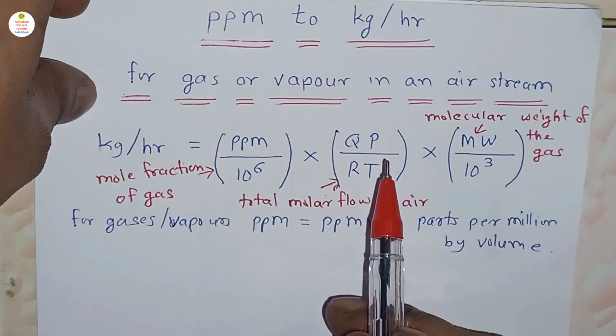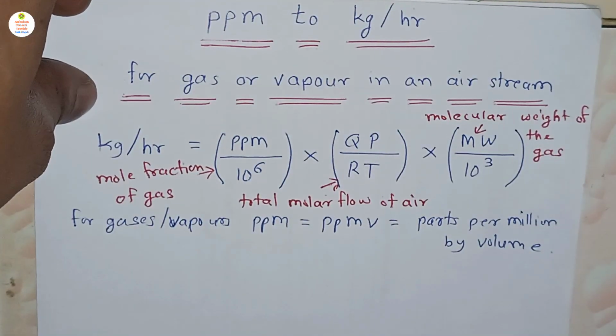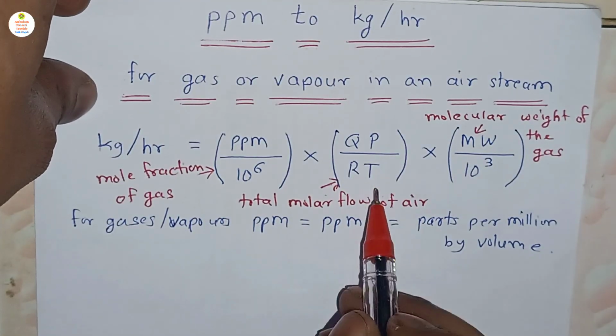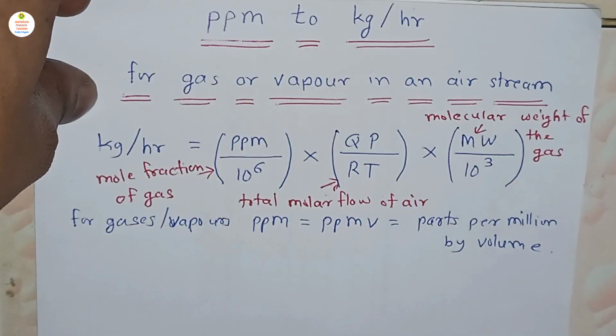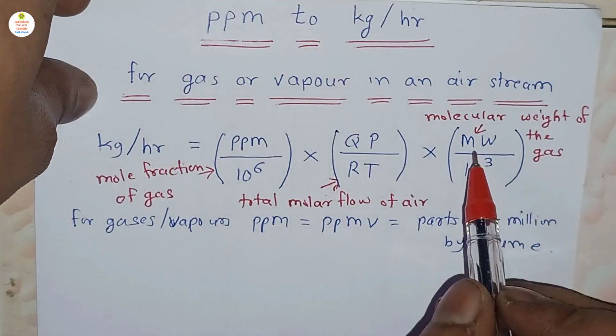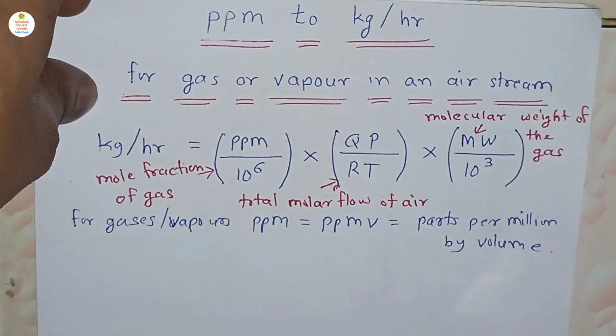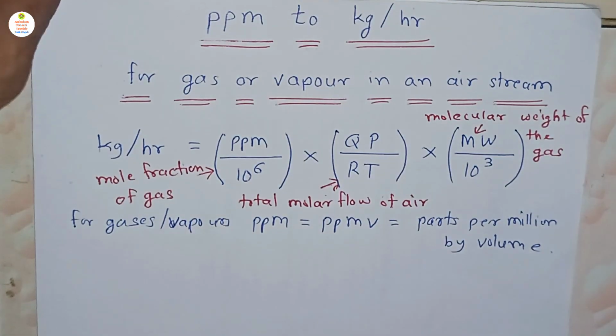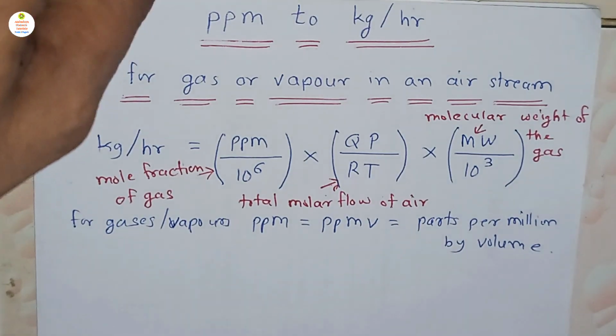Okay, this pressure is in Pascal, or you can call it Newton per meter square, R is the ideal gas constant, and T is the temperature in Kelvin. Okay, this molecular weight of the gas is in gram per mole. Okay, so we have now understood what this formula is.